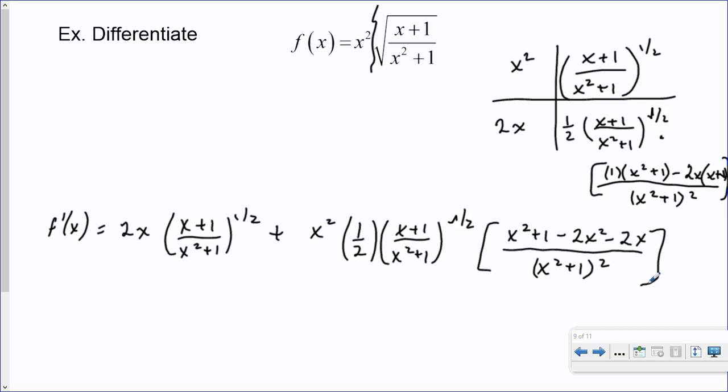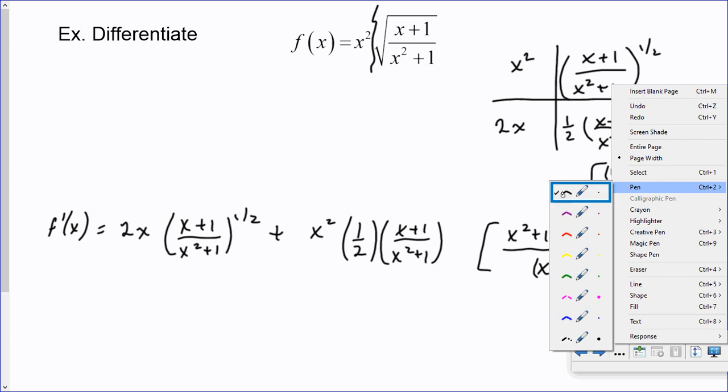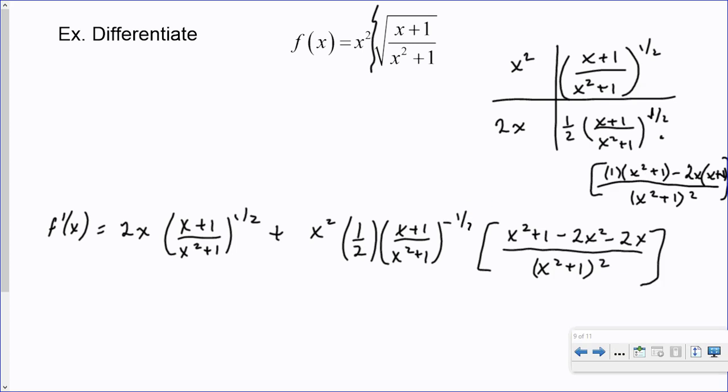That's quite a complicated function. If you got that, you're rolling along here pretty good. And we'll work on some of those homework questions. That was a negative 1/2.